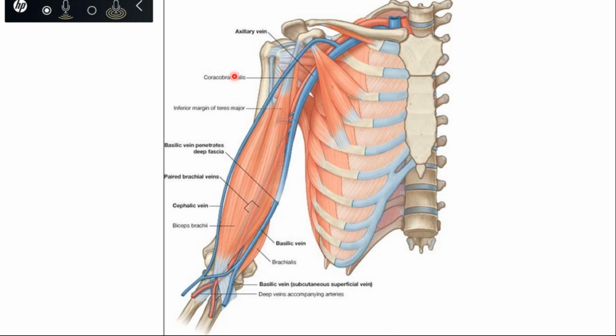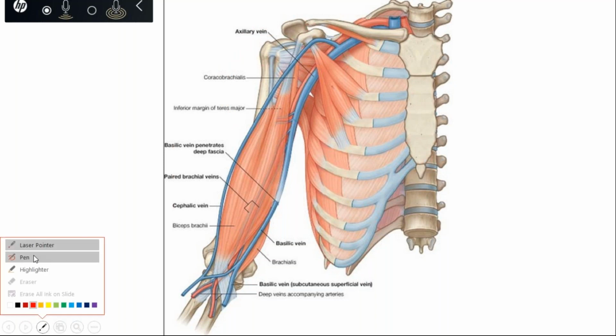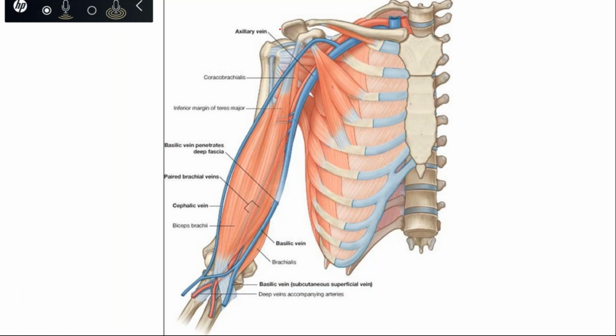There will be a muscle here called the deltoid, which is not shown here, it is removed. And here there will be the pectoralis major. So it passes between these two muscles.